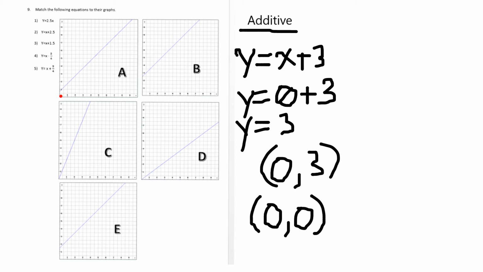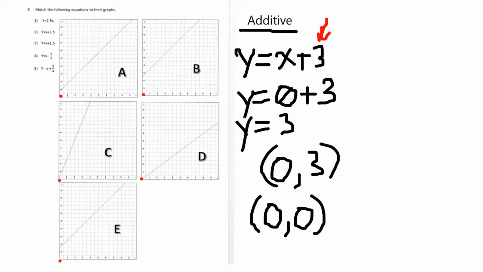We have the origin there, here, here, here, and here. So let's look at which graphs do go through the origin, because if it goes through the origin, it can't possibly be an additive equation.